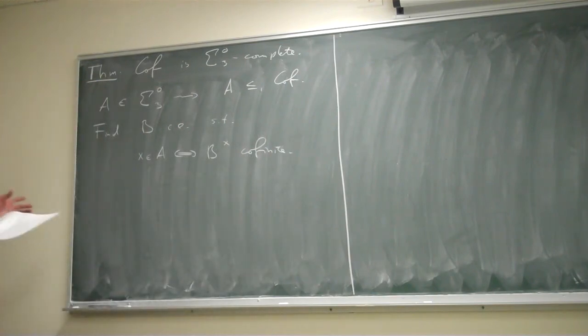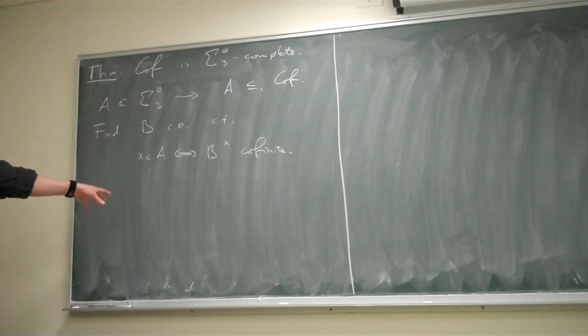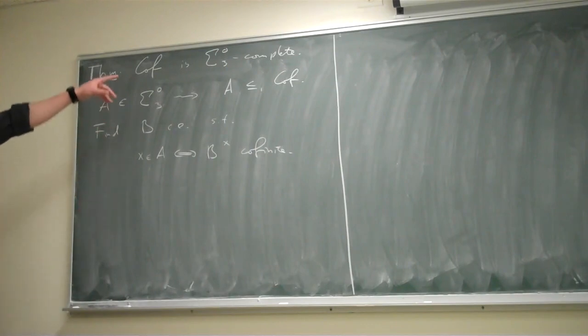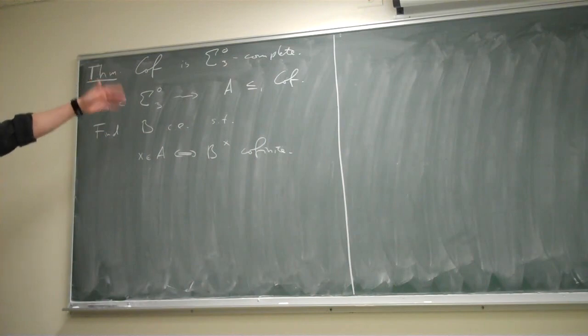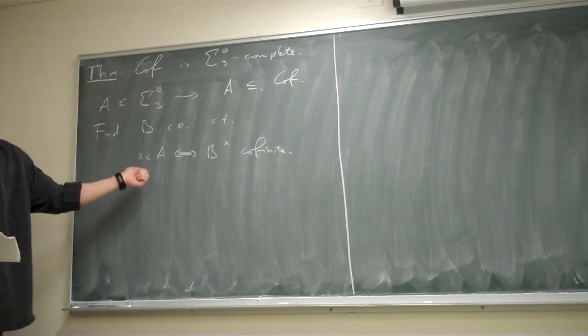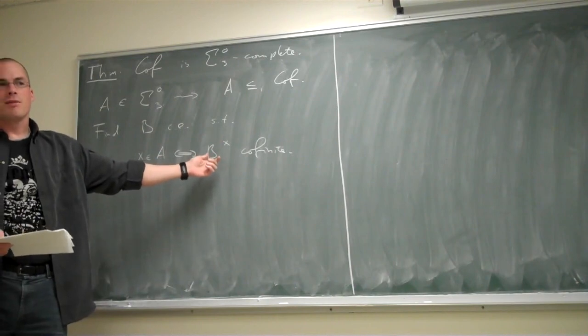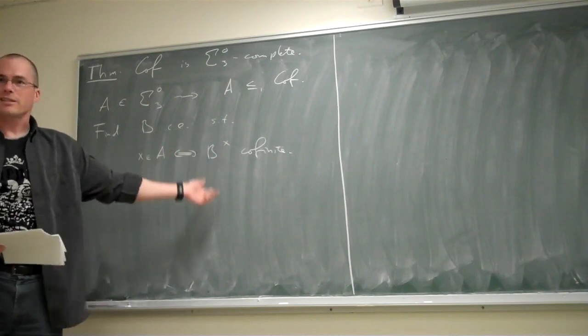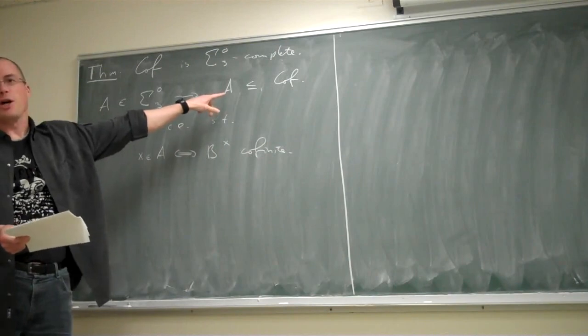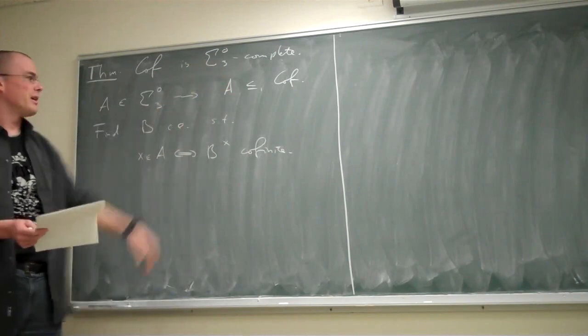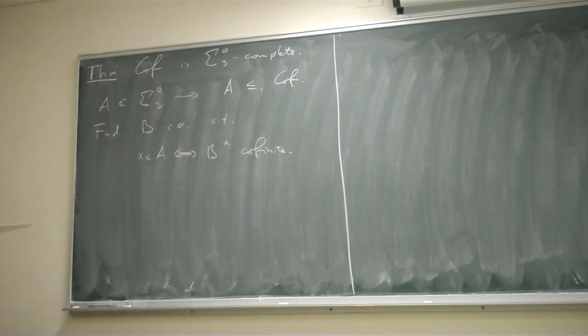And we thought about it for a moment and realized that if we can do this, this B will give rise to the one reduction we want, because the question you ask, is x in A, is the question, is the x column of B cofinite? And for different values of x, that's different questions, so you have a 1-1 reduction. So this is our task.